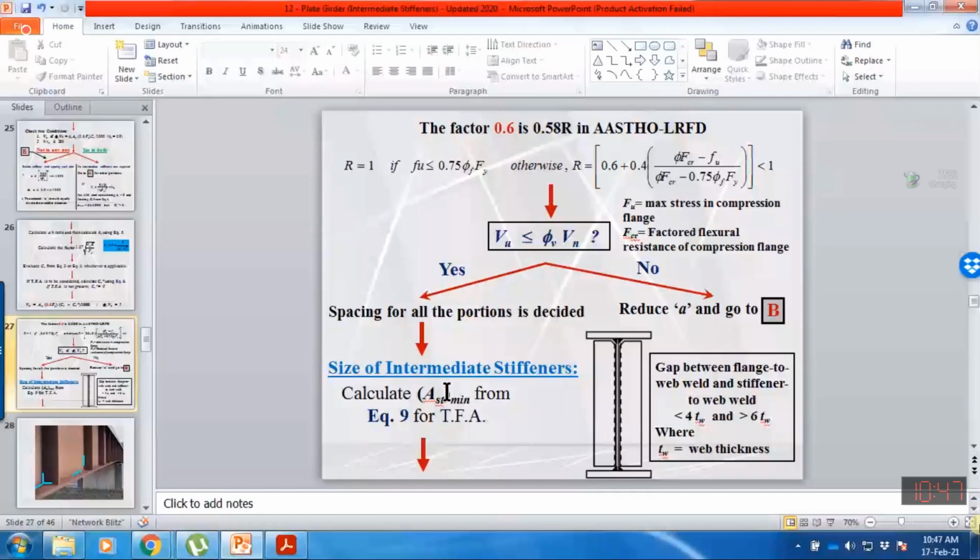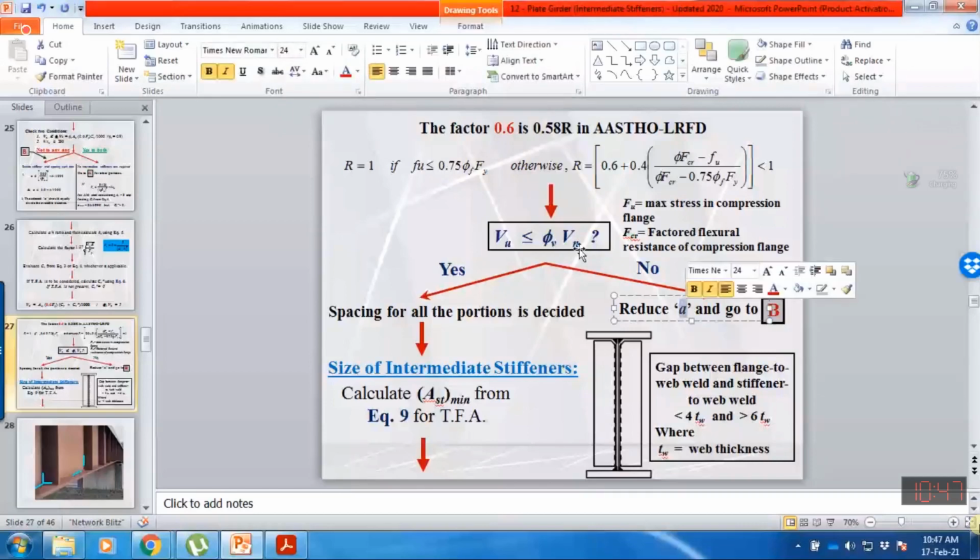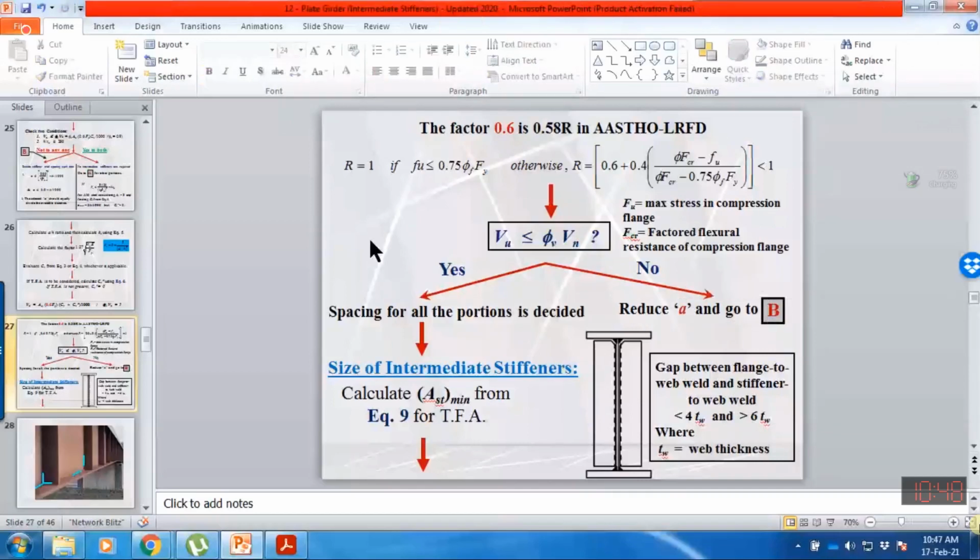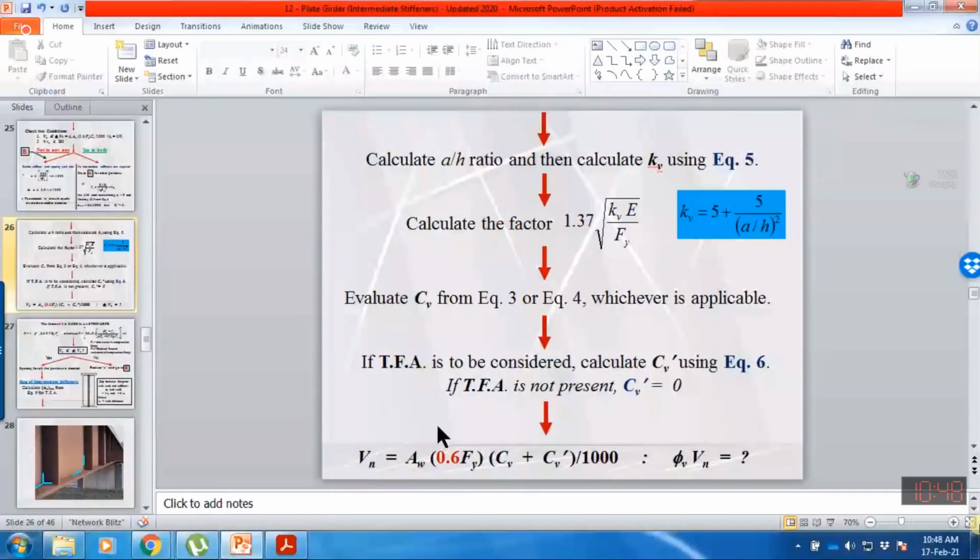Then we need to recompute the KV value for the reduced A value, then compute the CV prime and CV values and recheck the capacity. If the capacity is okay, then the spacing will be final. Otherwise, we need to keep on reducing the A value, and determine the appropriate spacing at which the capacity is more than VU.